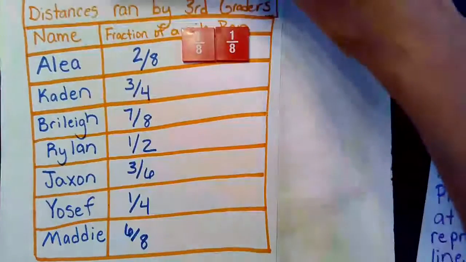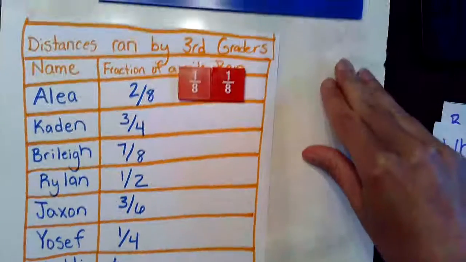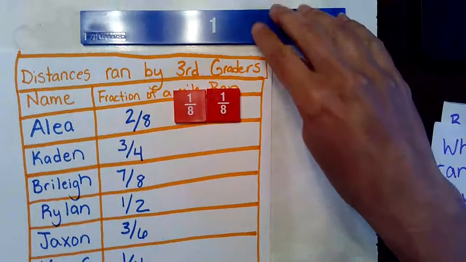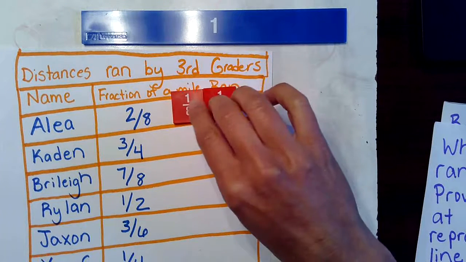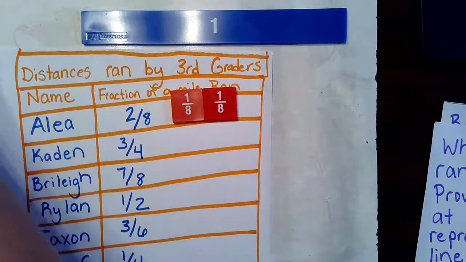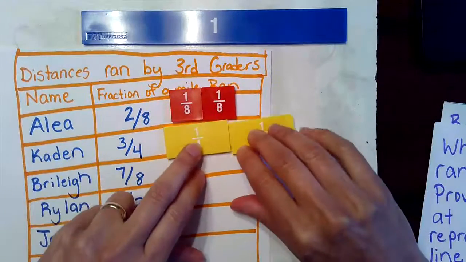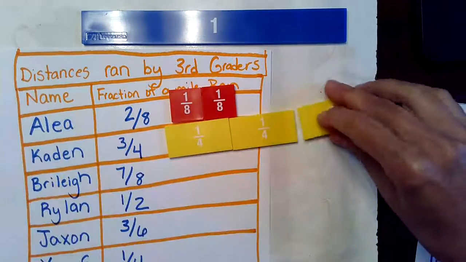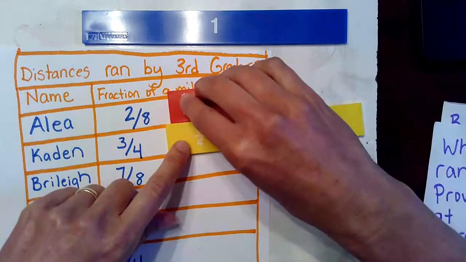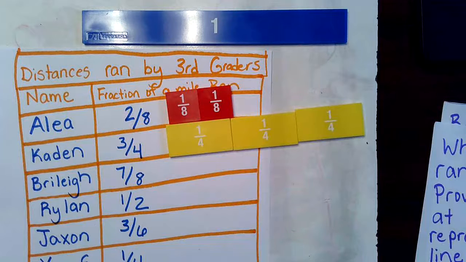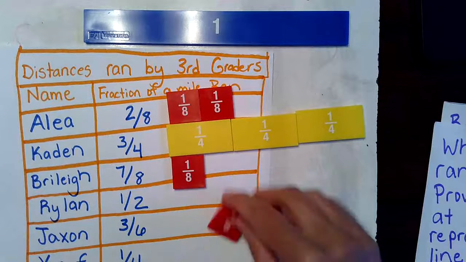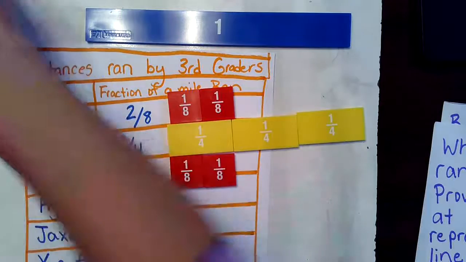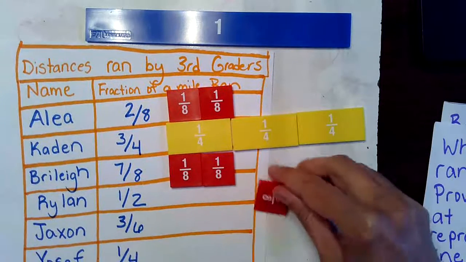And then we have Briley, and Briley was 7/8. So that would be 7 out of 8. And 7 is almost all of 8. So we know that's a big part of a mile. If she ran 7 out of 8, that means the whole is divided into 8 sections, and she ran 7 of those sections.